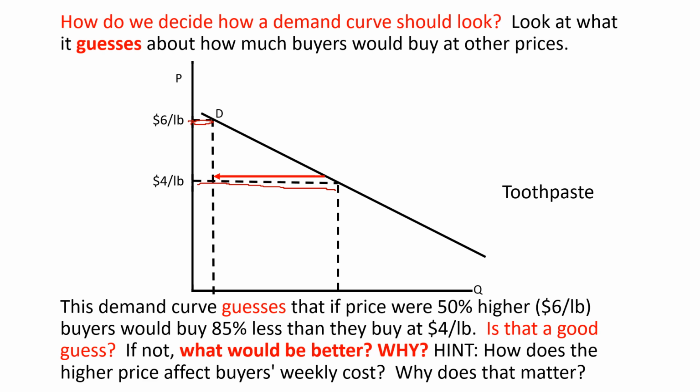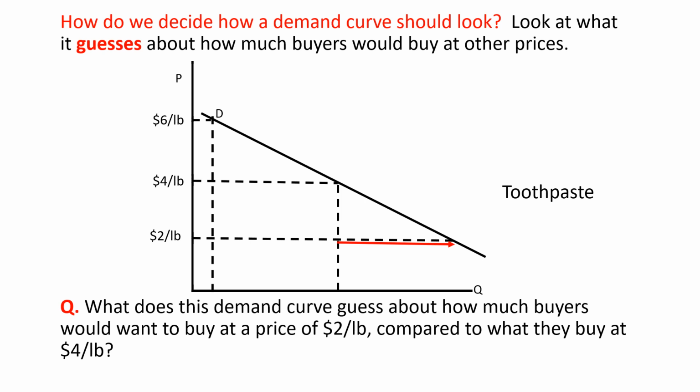Now you could ask, is that a reasonable estimate? And one thing it could depend on is, how does this higher price of $6 a pound affect buyers' average weekly cost of toothpaste, and why does that matter? So those questions should help you make another estimate of what would be demanded at a price of $6 a pound, and from that you could try drawing a better demand curve.